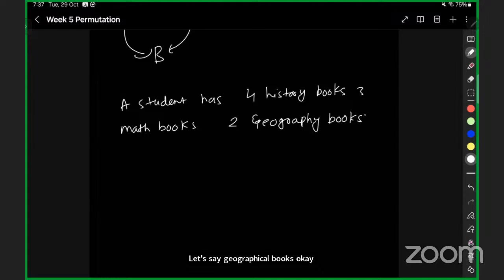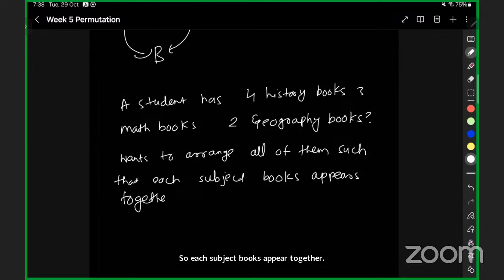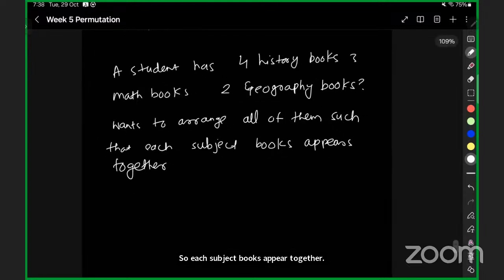He wants to arrange all of them such that each subject's books appear together. So this is the question. How will you do it?